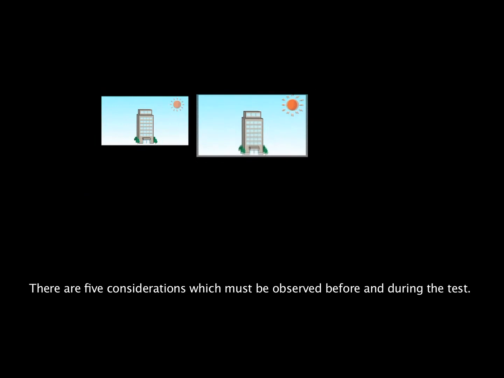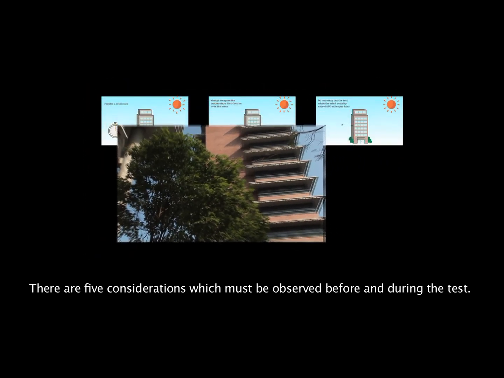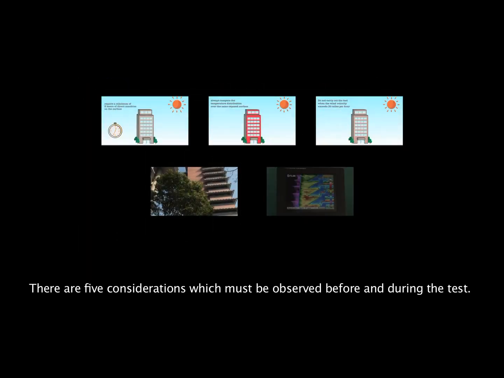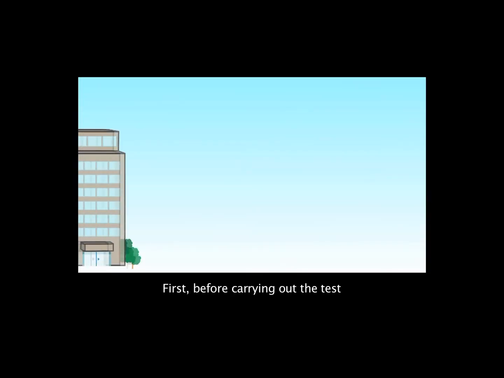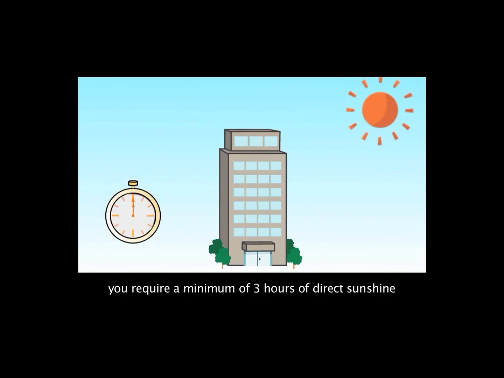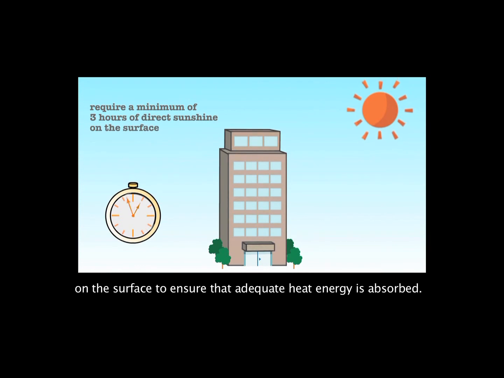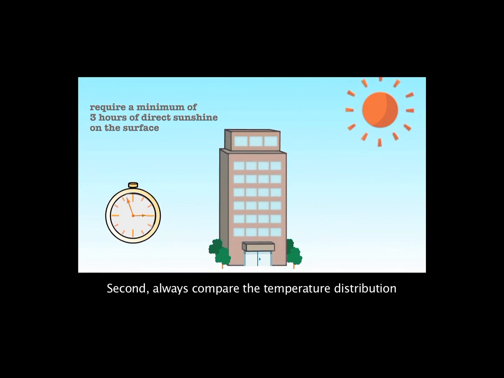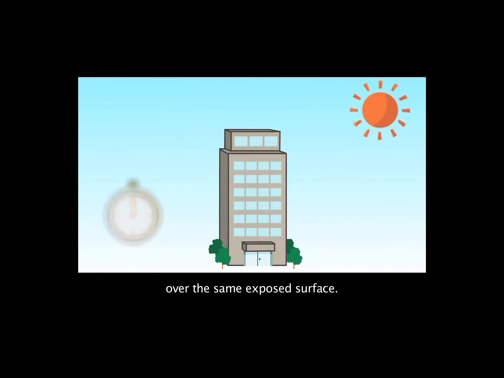There are 5 considerations which must be observed before and during the test. First, before carrying out the test, you require a minimum of 3 hours of direct sunshine on the surface to ensure that adequate heat energy is absorbed. Second, always compare the temperature distribution over the same exposed surface.